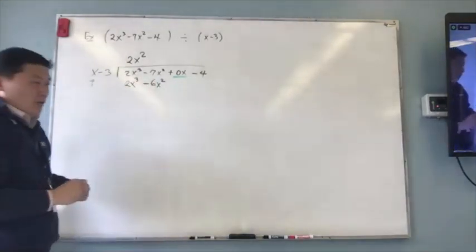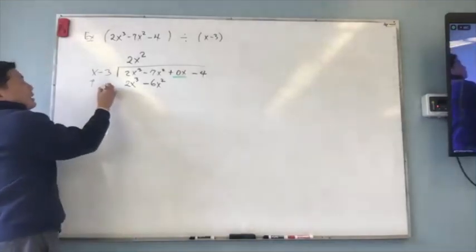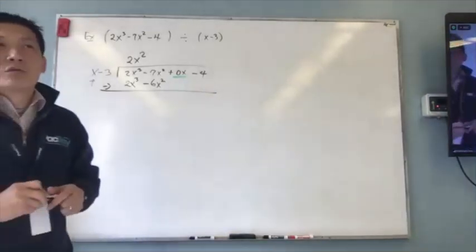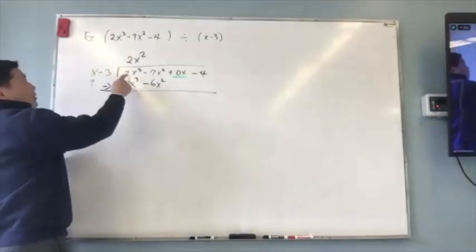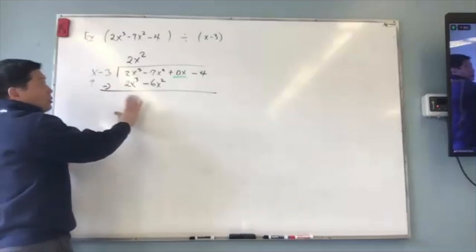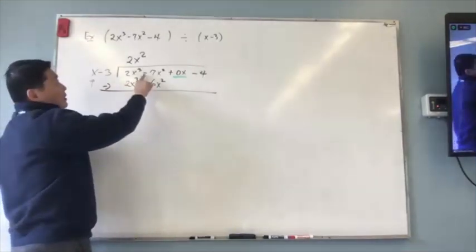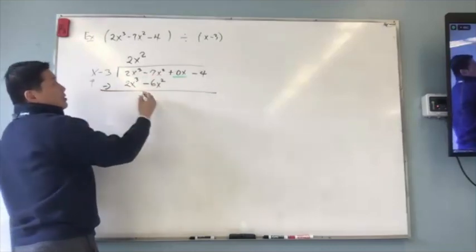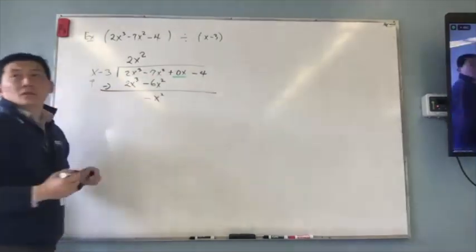Once you do that, you put a minus in half parenthesis and draw a straight line across. And then you subtract, right? 2x cubed minus 2x cubed is gone. No more of the x cubed term. Negative 7x squared minus negative 6x squared is negative x squared.